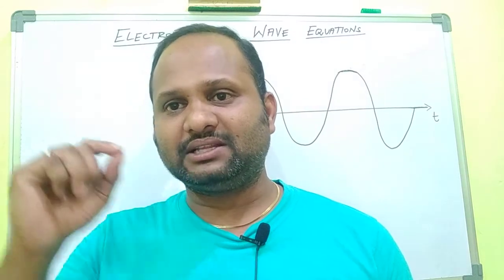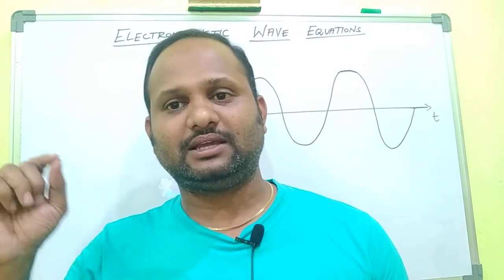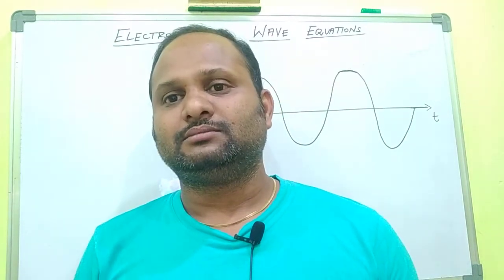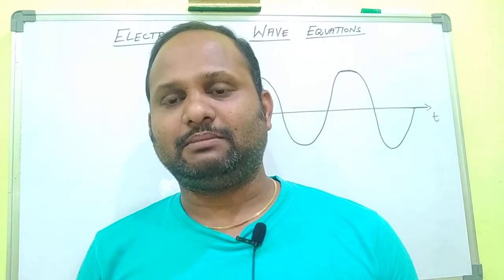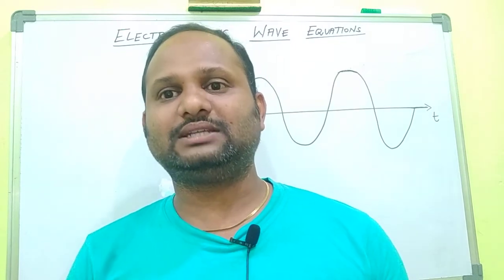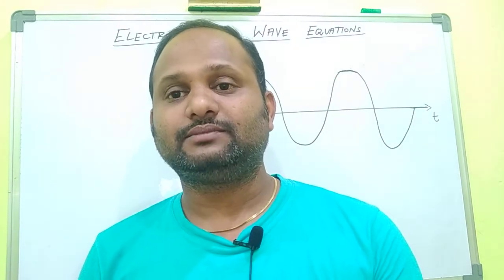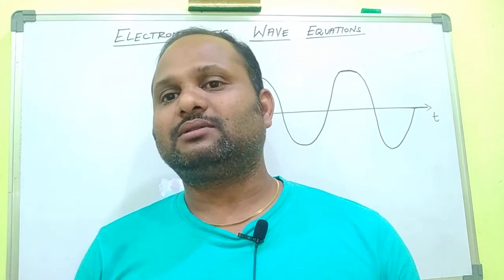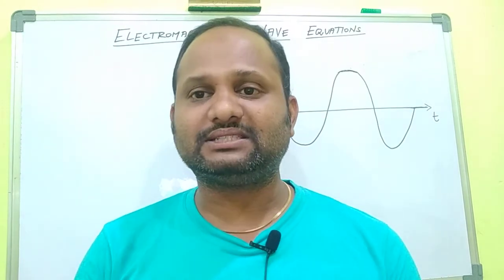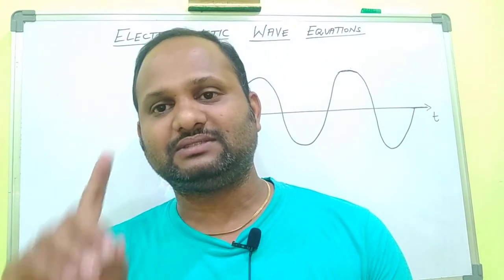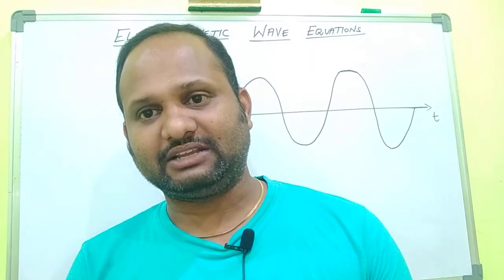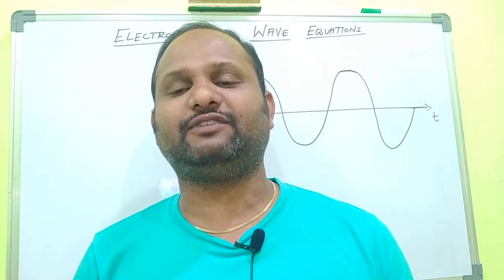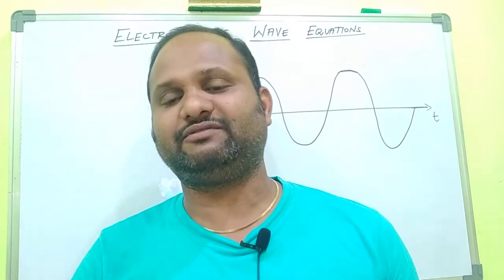By writing this electromagnetic wave equation, we can gain knowledge of the position of the wave at a particular instant. We can study the maximum electric field at that instant, the displacement at that instant, and the wavelength of the wave. So we can correlate parameters related to electromagnetic waves in a single equation, which is called the electromagnetic equation. We can write it separately for the electric field as well as the magnetic field.